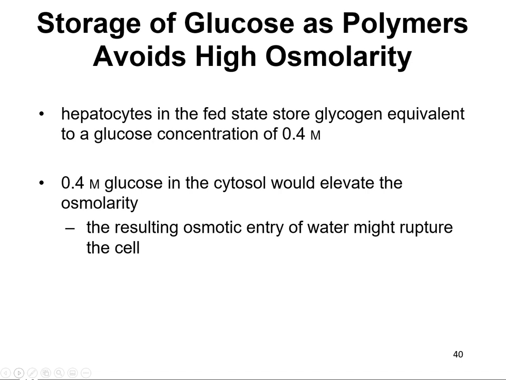So instead of having all the glucose as just free molecules, storing it as glycogen reduces the osmolarity so that you don't have an issue of water seeping in and the cell lysing.